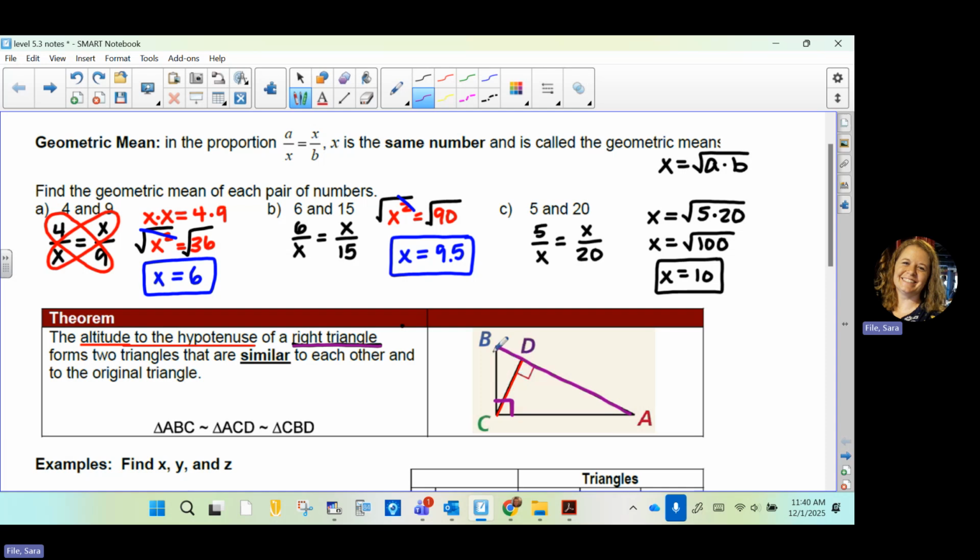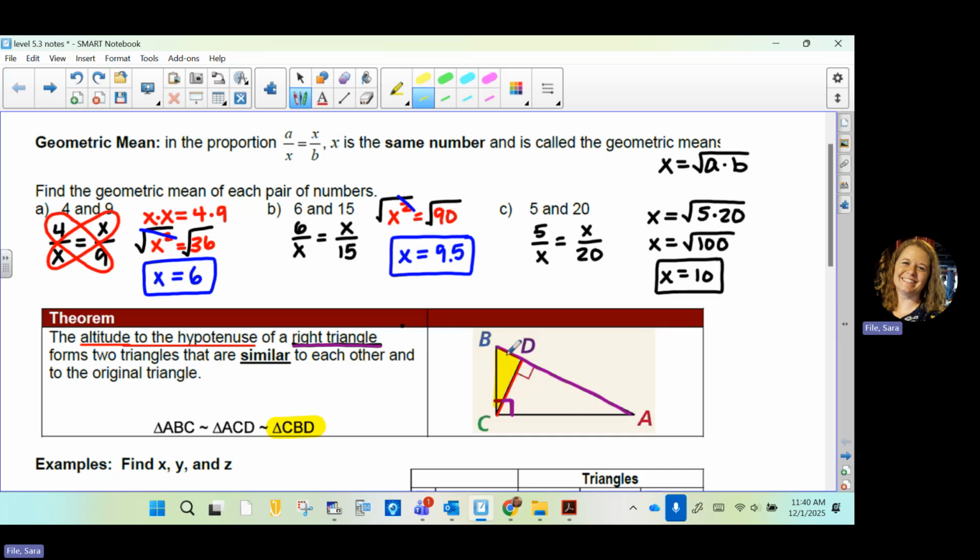So you've got this small little right triangle, this medium right triangle, and then the original large right triangle. Okay, so I'm going to color code those. The small right triangle is CBD. So the small one in here.